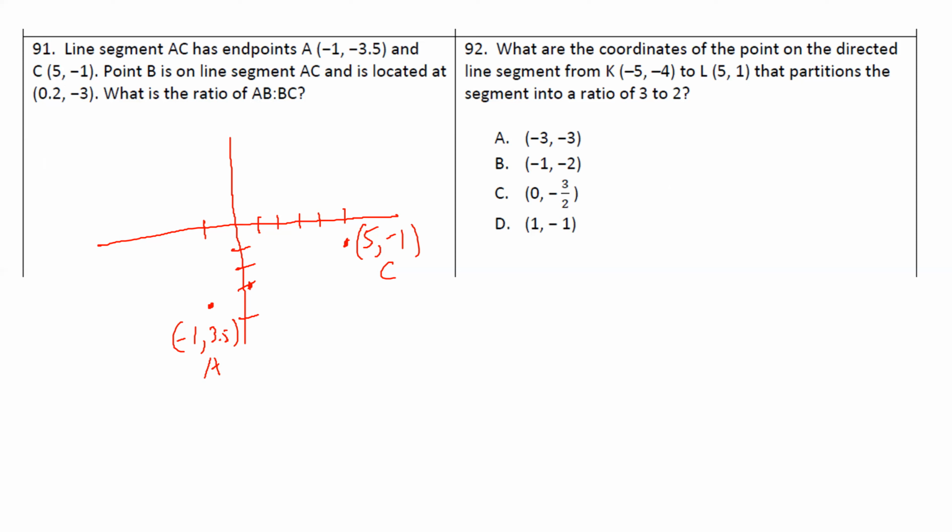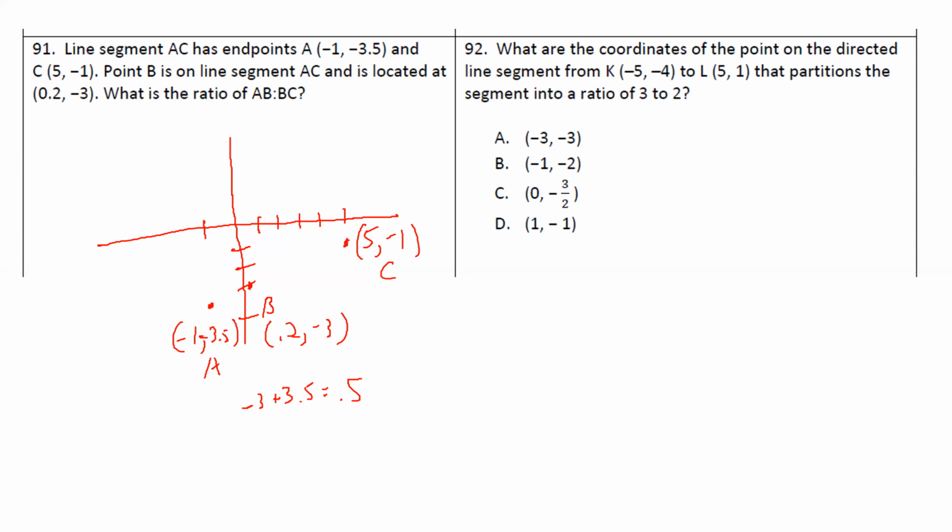Now, do we actually need to use both X's and Y's? No, we could just use one set of them. So I think the Y is going to be easier on this one, but find the difference between the Y's. So from A to B, we have -3 minus -3.5. So that's going to be adding then. So the difference there is 0.5.